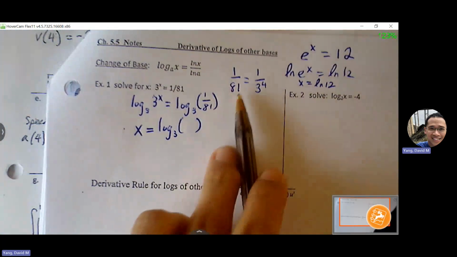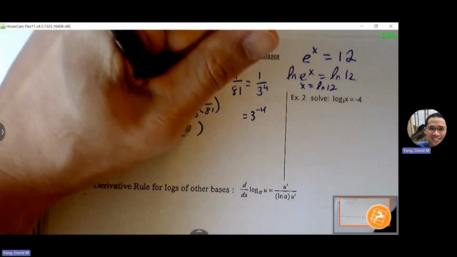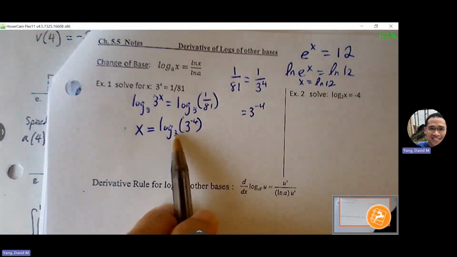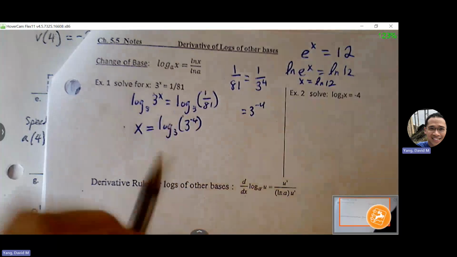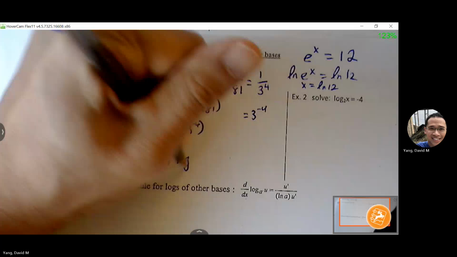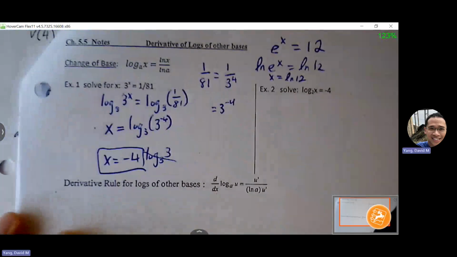So 1 over 81 is 1 over 3 to the 4th, which is equal to 3 to the negative 4. So if I insert 3 to the negative 4 here, then log base 3 of 3 cancels out. The negative 4 comes down, and I'm just left with negative 4.